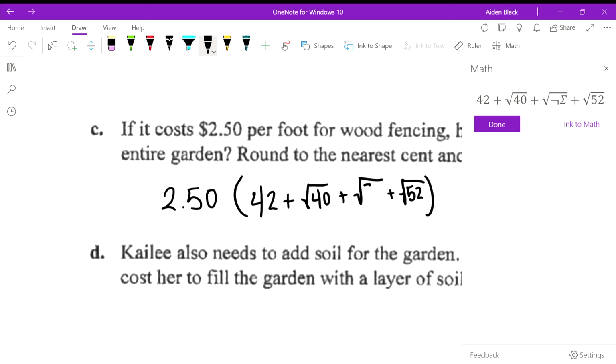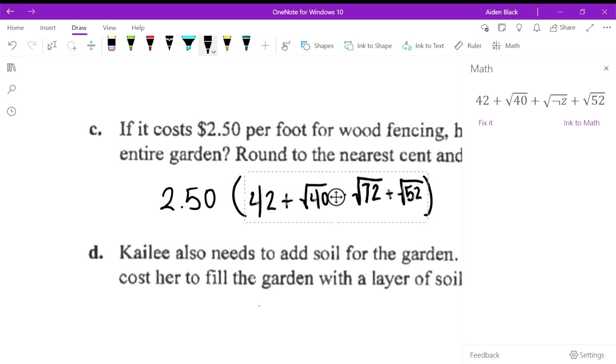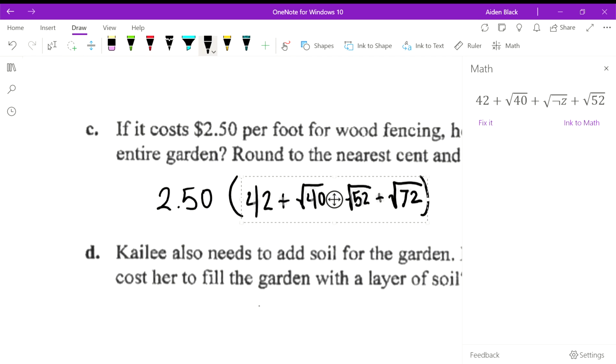You could just type this into your calculator. Drum roll, please.